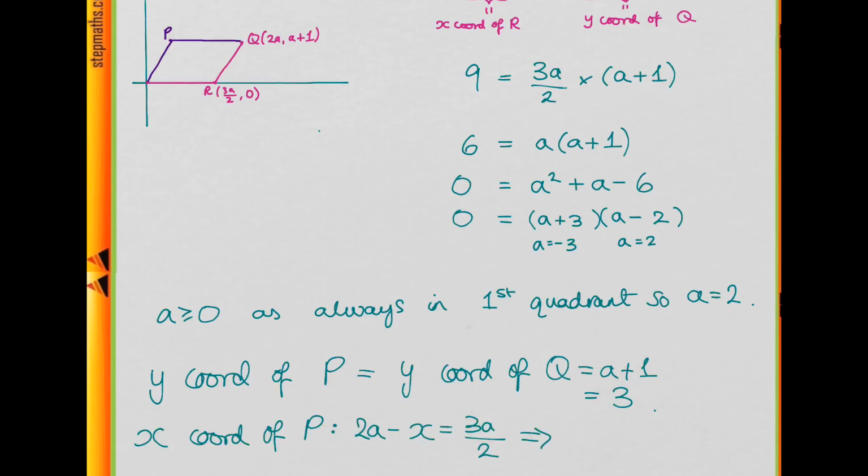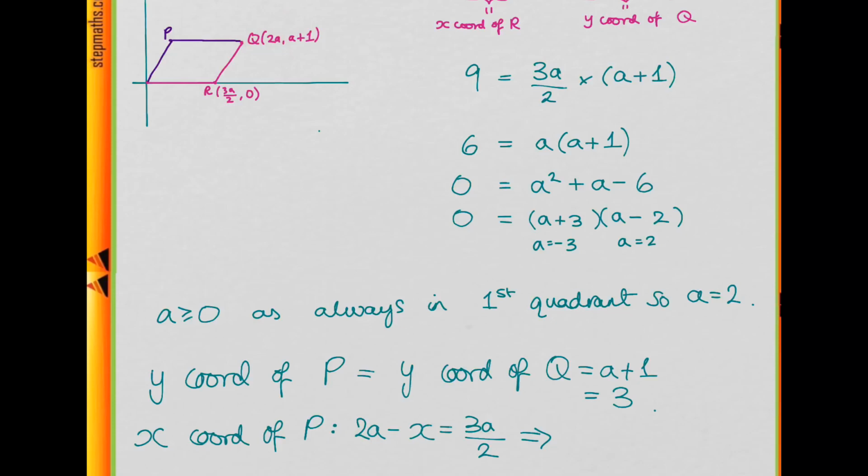Similarly, for the x coordinate of P, this distance here must be the same as this distance here because these two lines are also parallel. We know that this distance is 3a over 2, so the distance from P to Q must also be 3a over 2.